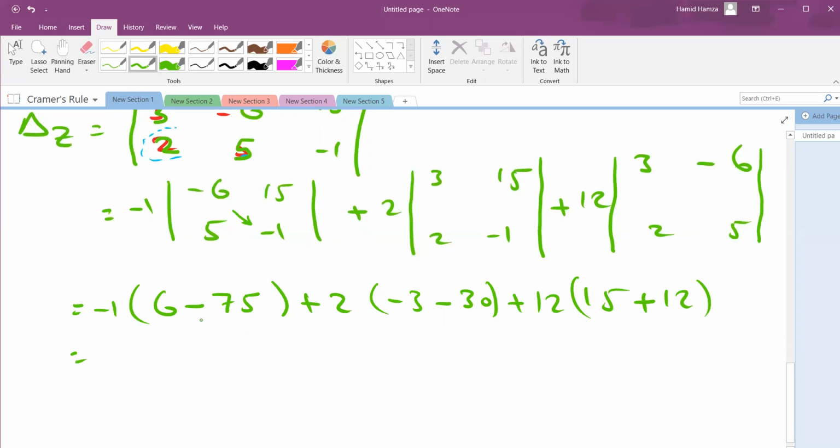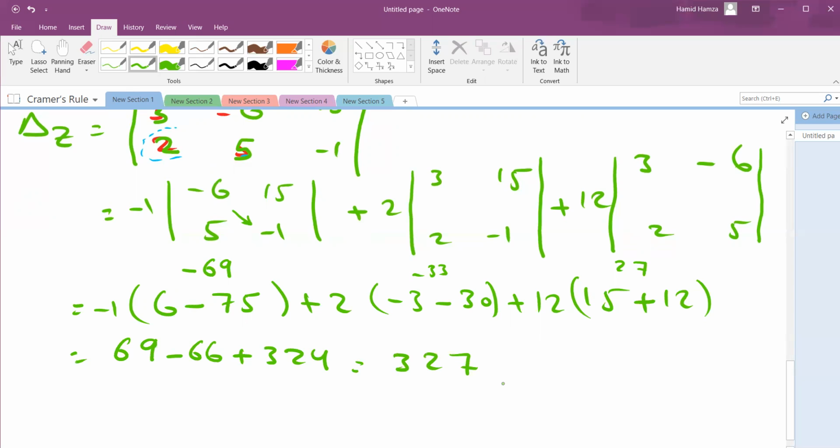So this one will be negative 69. This one will be negative 33 multiplied by 2, it will be negative 66. And the last one, this will be 27 multiplied by 12, so the answer will be plus 324. So it equals minus 66 plus 69 plus 324, so the answer will be 327.